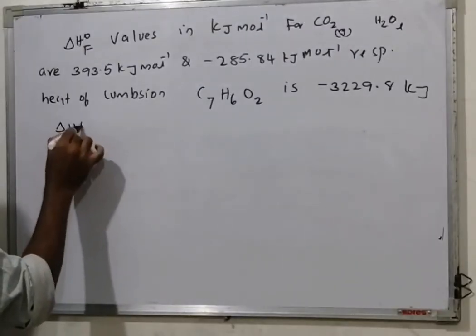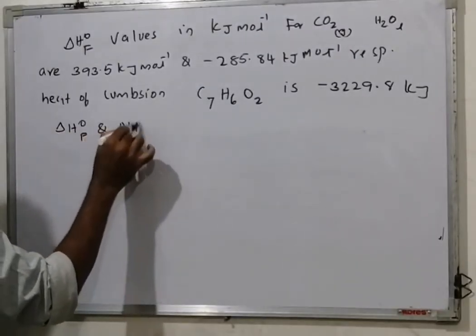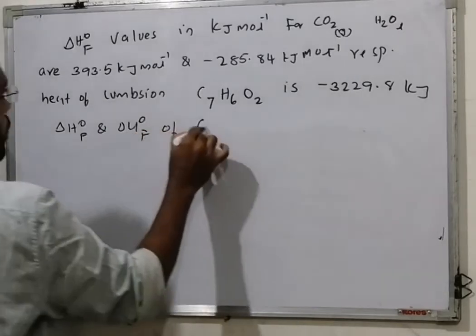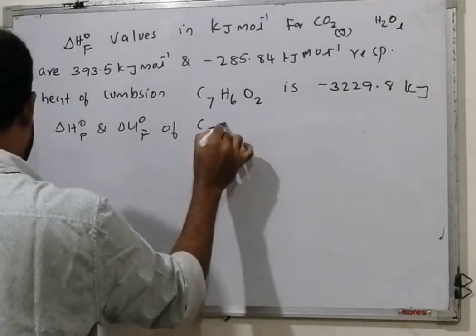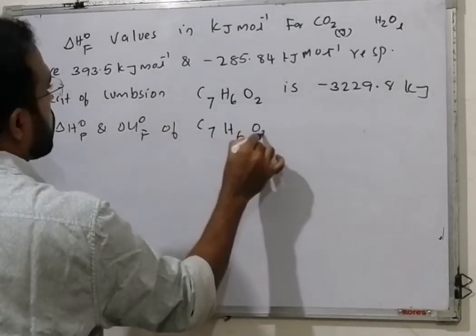Calculate delta H0 formation and delta U0 formation of C7H6O2. This is the question.